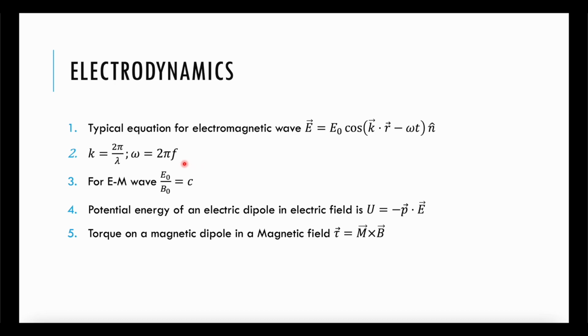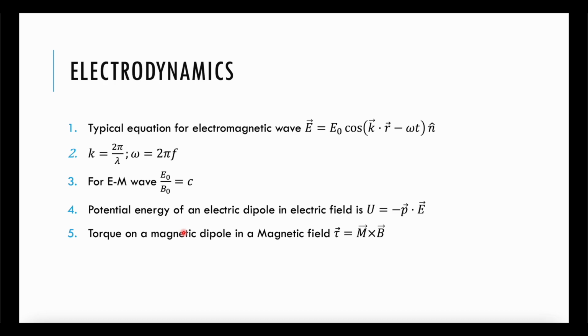In shift 3 there were 2 problems. In one, B0 was given and we need to calculate E0, and in another, E0 was given and you need to calculate B0, along with the value of lambda and f. So in this case I want to mention that for the electric and the magnetic field, the wavelength and the frequency are the same. They do not have different values for electric and magnetic field. They are of the same values.